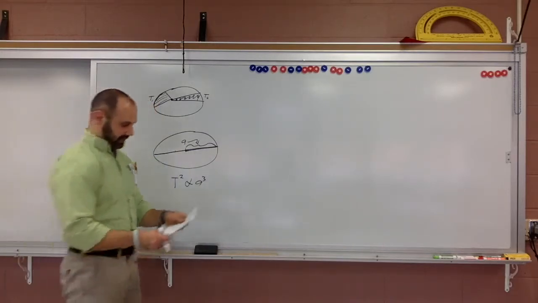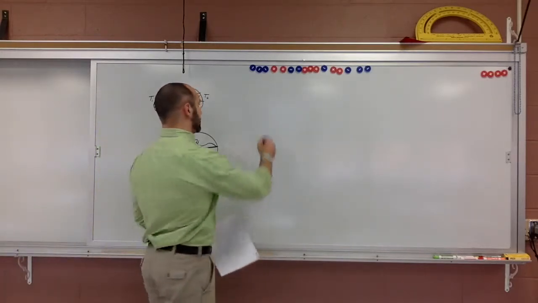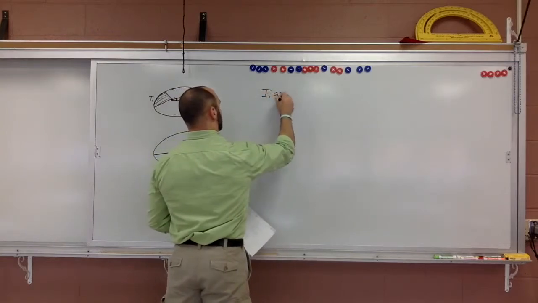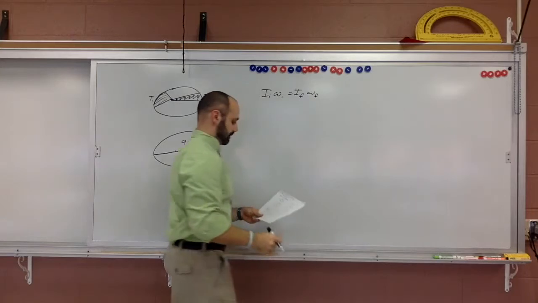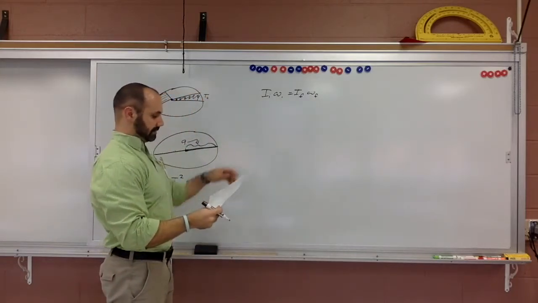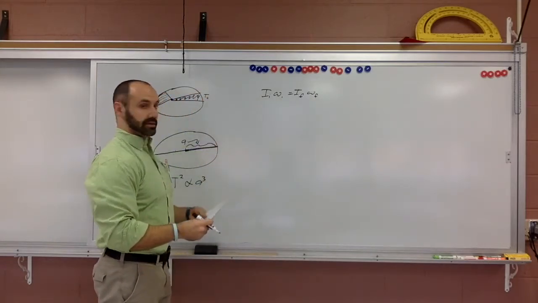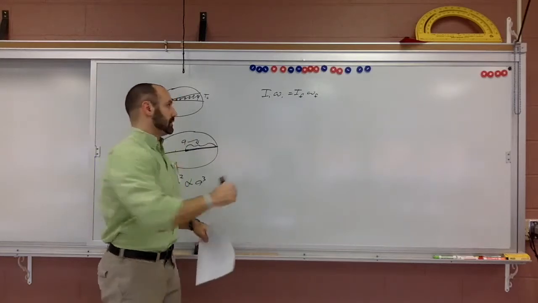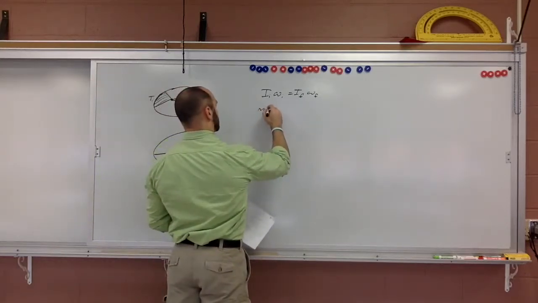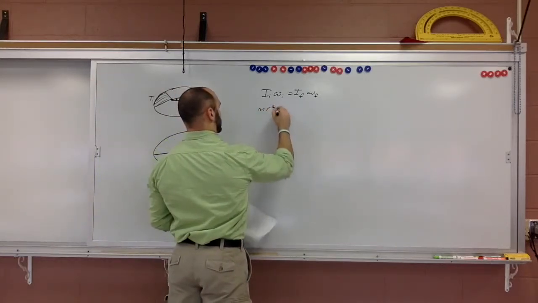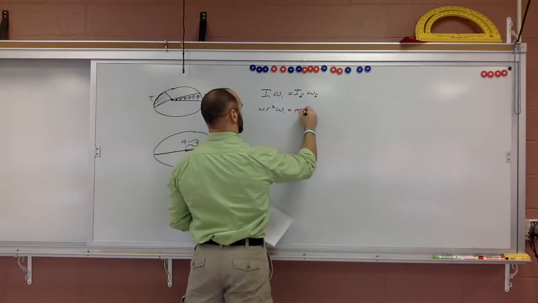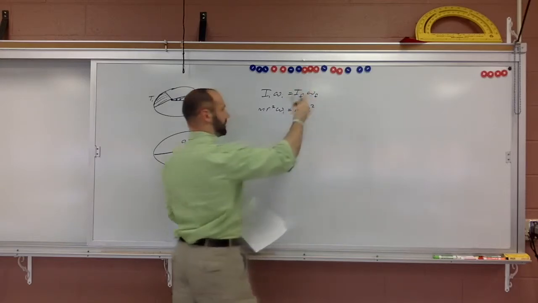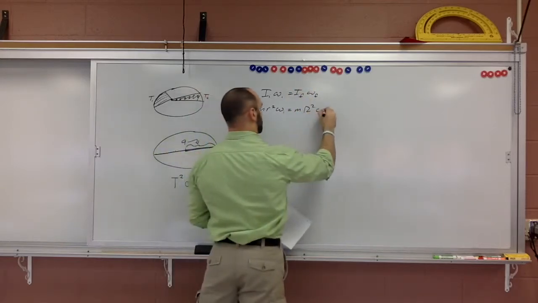Okay. And so here's one application of this. We have the conservation of angular momentum: I initial omega initial equals I final times omega final. But we're dealing with the same object, a point particle that's moving around. So this is m r squared omega initial equals m r squared, with some different radius, omega final.